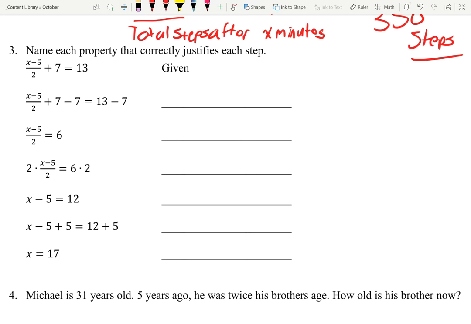So if you looked at this problem, the first thing you would do is subtract 7 on both sides. And that's exactly what they've done here. You see it's the exact same problem, right? This equal to 13, this equal to 13. But you'll notice that the new feature is they're subtracting 7 on the left and on the right. So because they're subtracting a 7 on both sides, what they're using is the subtraction.